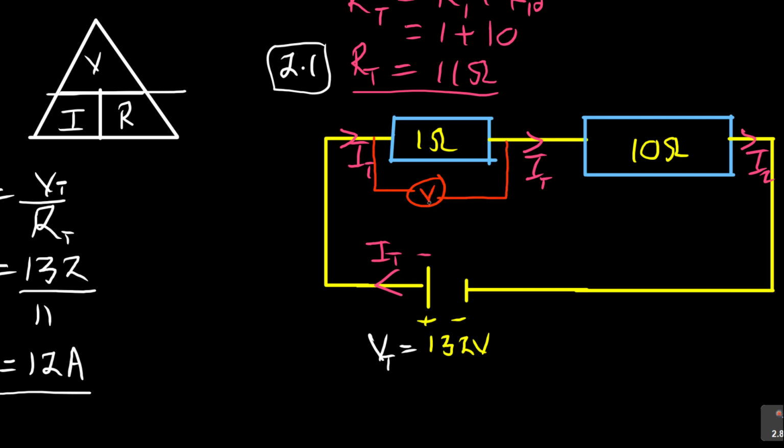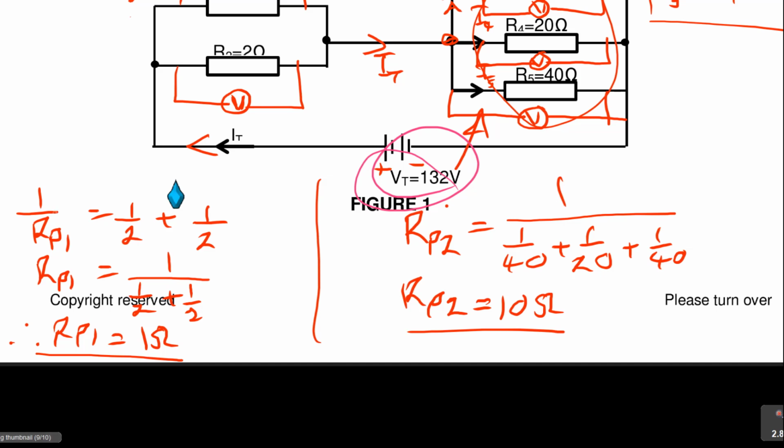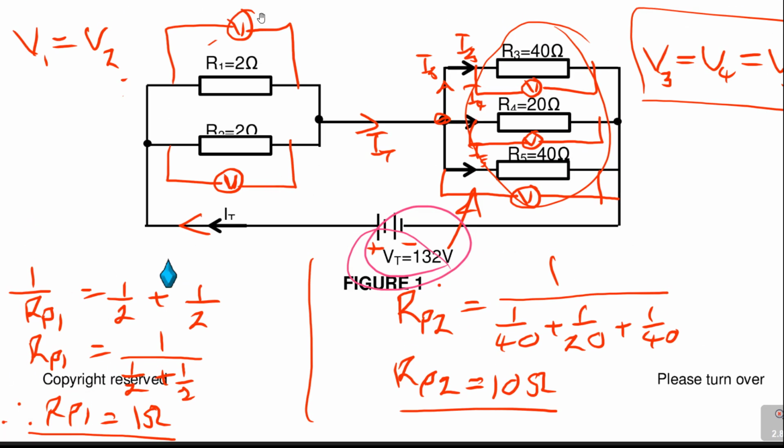So it will be V1. And I come here and say, what is the voltage there? I'll call it V2. If I can find these voltages, I'm done. But don't forget, the voltage in 1 is the same voltage for 2. V2 is V1, V3, V4, V5.